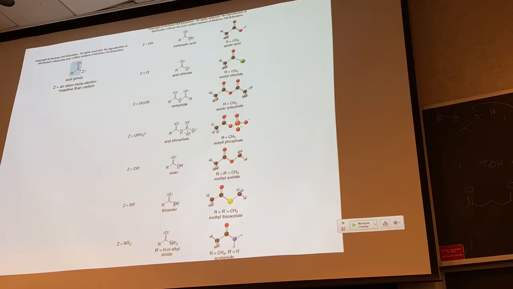So the acid chloride is going to be the most reactive and the least stable of these compounds. The amide is going to be the most stable and the least reactive. And we're going to explain why in a few minutes. There's one exception to that. For some strange reason, the book has put esters and thioesters out of order in this particular figure. Okay, so a thioester is going to be less stable and more reactive than an ester.